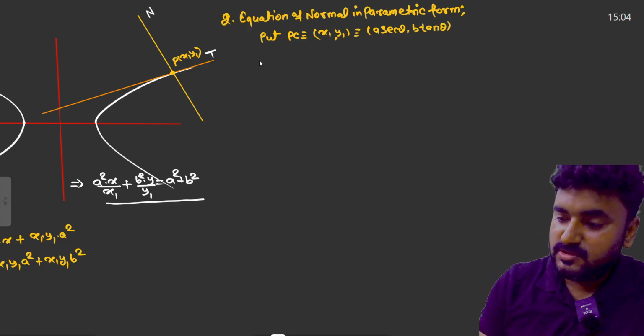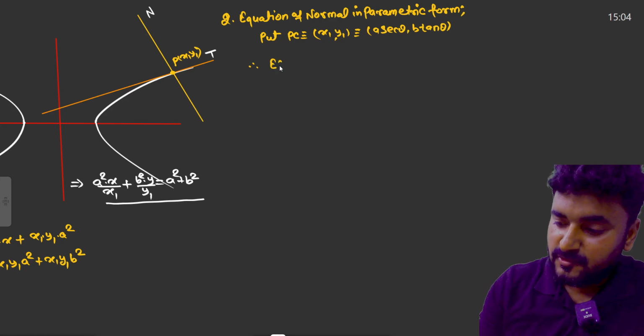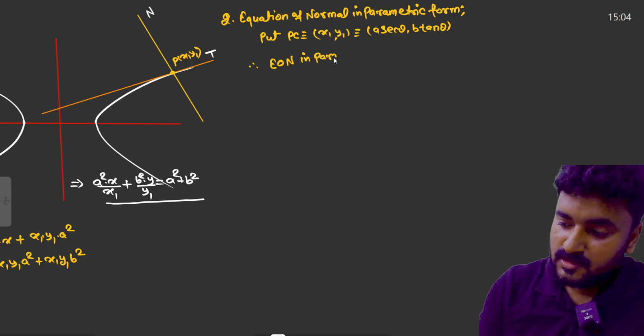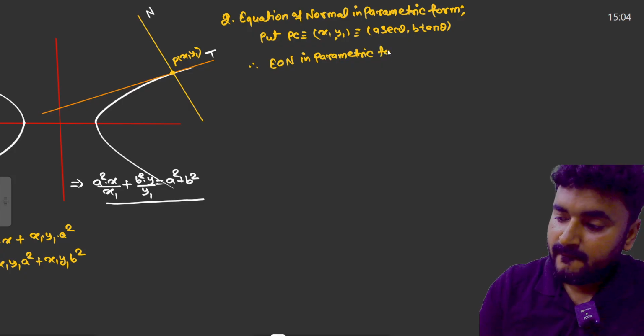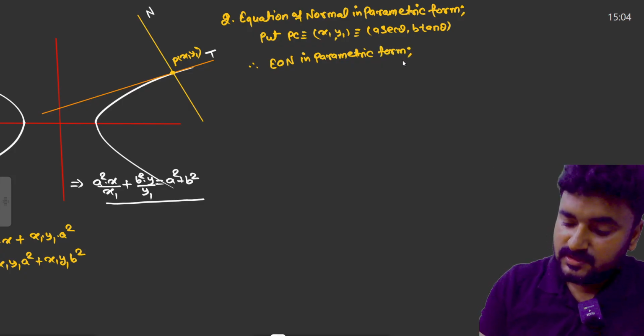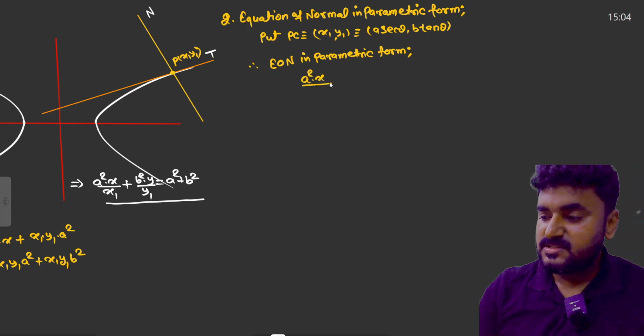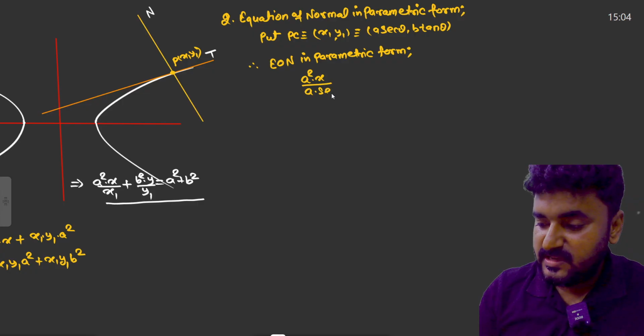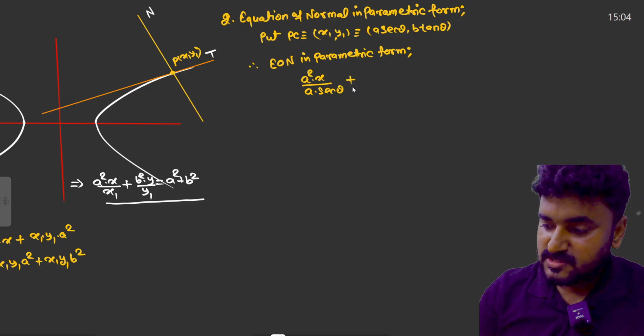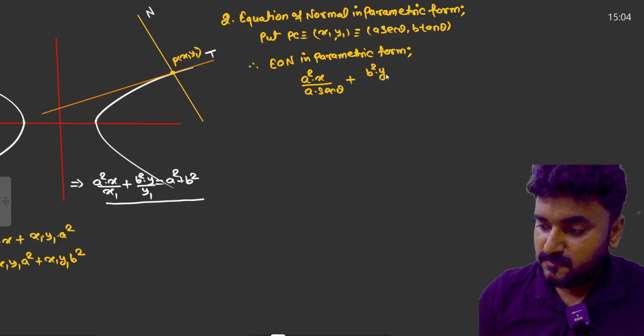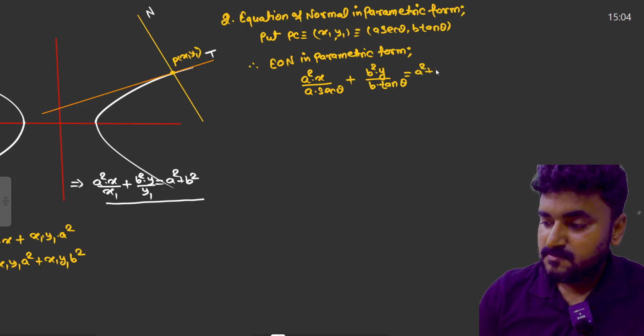So therefore the equation of normal in parametric form, I can write a square into x by x1. In place of x1 we can replace a sec theta, in place of y1 we can replace b tan theta, equals a square plus b square.